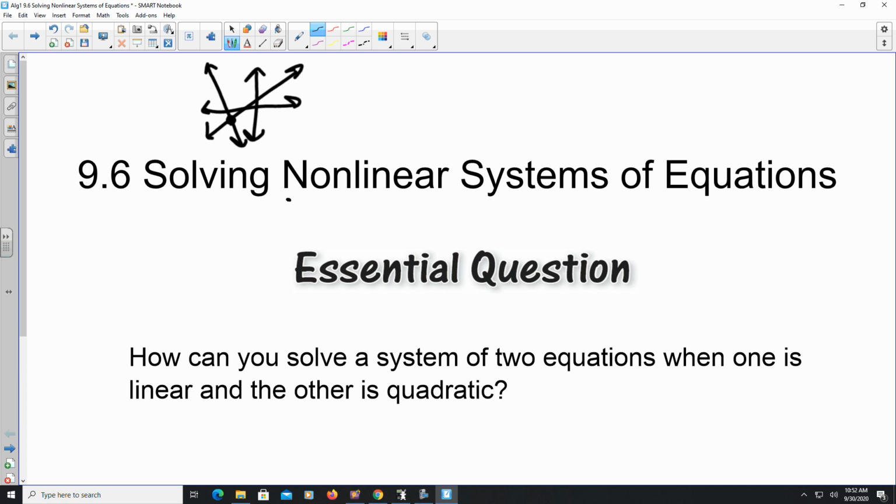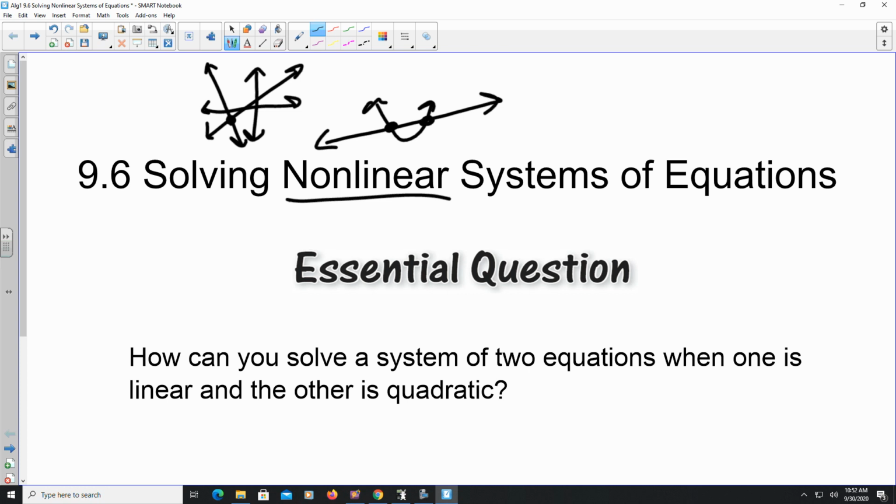Now, we're looking at nonlinear, so we are going to be concentrating on a system where you have a quadratic, like a parabola, and it crosses a line like so. So there's the possibility of having two solutions like we have here.